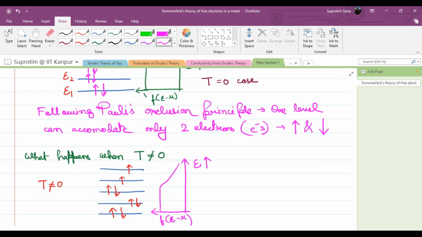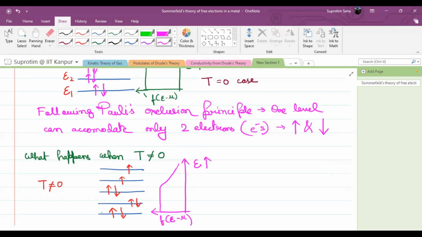Earlier it was just a straight flat curve where up to the chemical potential mu it was 1, and beyond that it was 0. But in this case, because the levels are not filled up to their full capacity, electrons are traversing from one level to a different energy level because of the thermal fluctuations. The curve in that portion of the energy levels will be smeared out, and it will not be a flat, constant curve.